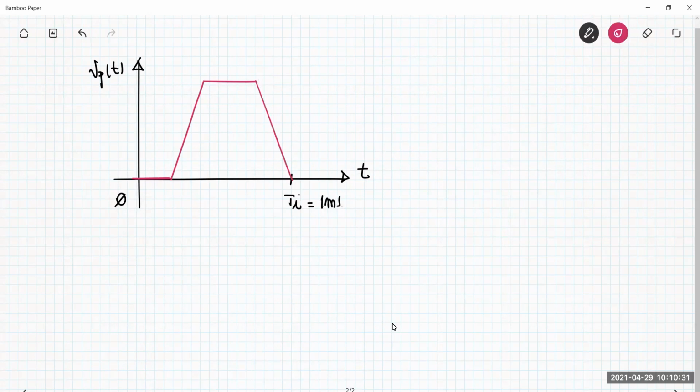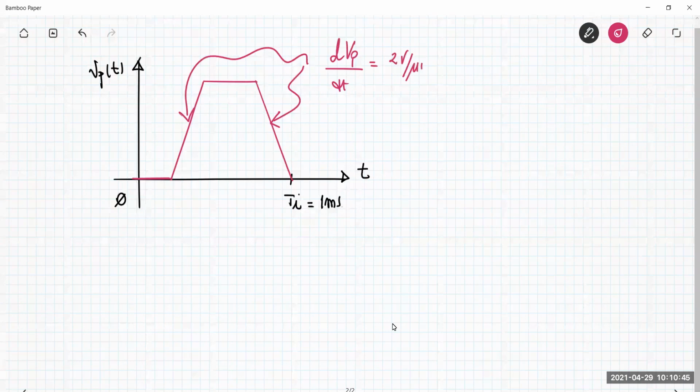So this quantity here is exactly dVp over dt, which is 2 volt per microsecond. Remember that this value is 200 volt.